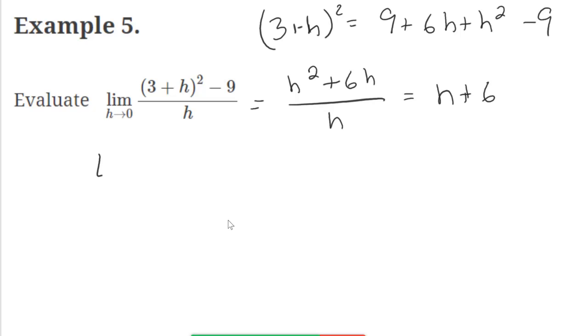So my limit as h goes to 0 is 6. So we simplified the problem down. We got rid of the division in the problem, which was causing my issue. And now I can plug in the 0 and get the answer of 6.